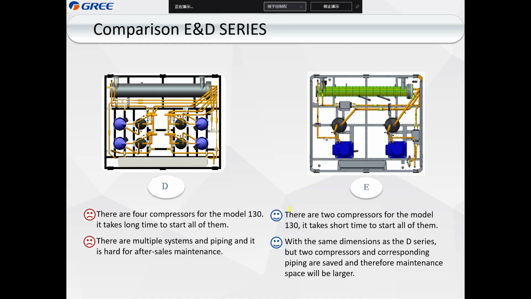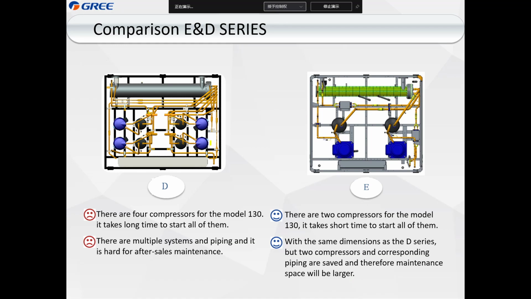And it can quickly reach the highest load, highest capacity. This is the D and E for 130 kilowatt, with the same dimension as the D series, but the 2 compressors and the corresponding piping are sealed, and therefore the maintenance space will be larger.